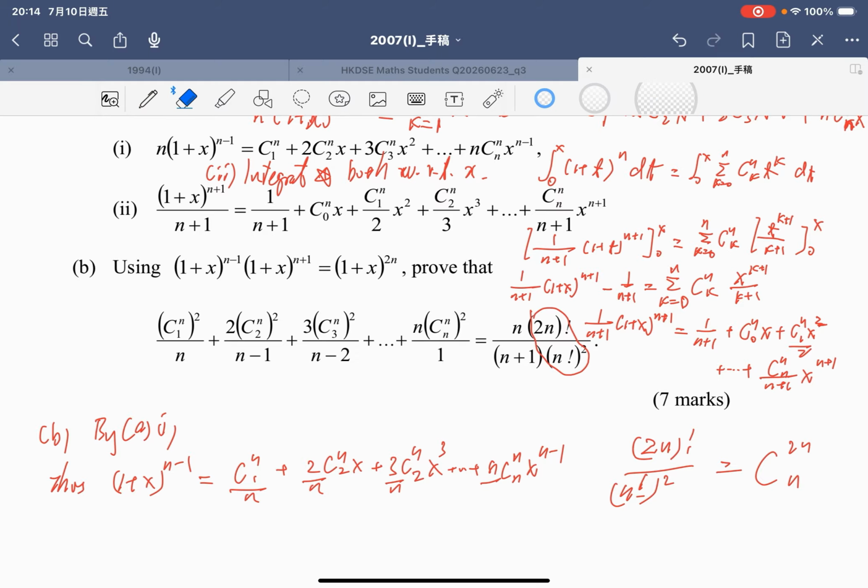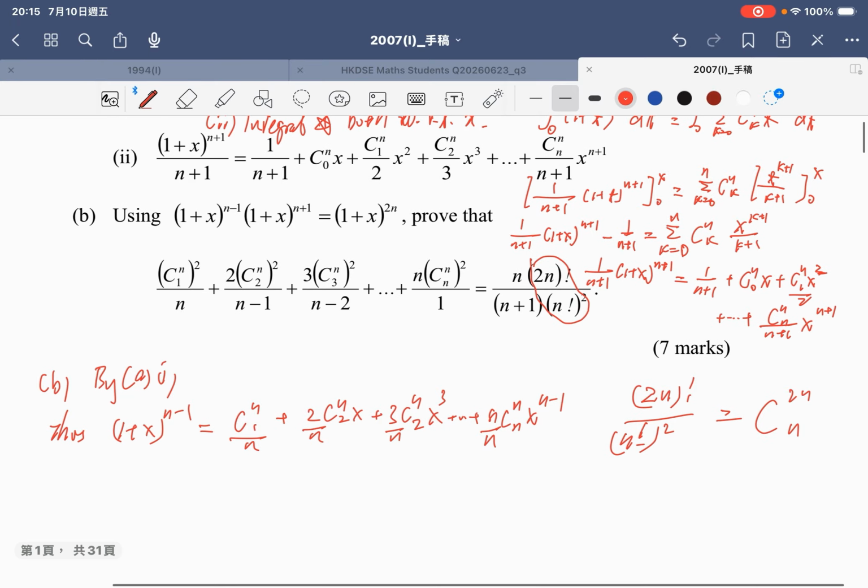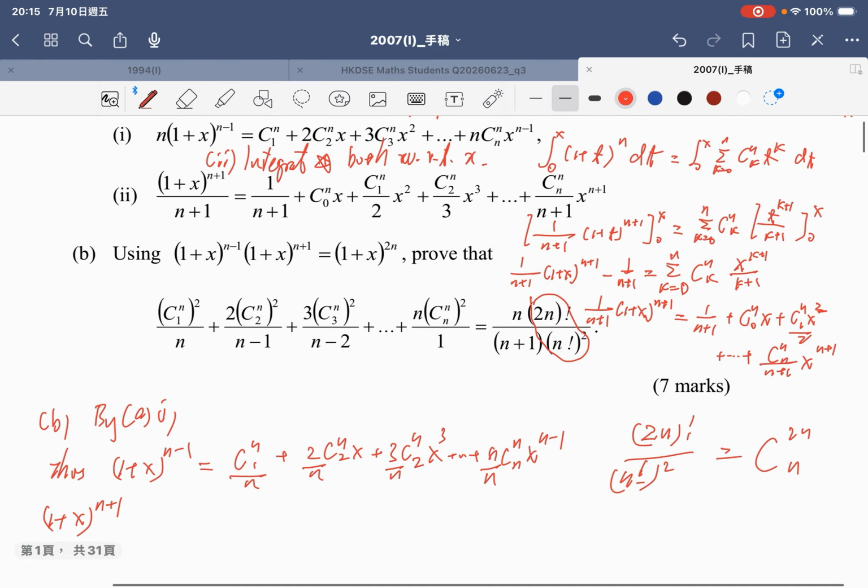This is okay. I write it down like that. Okay, for that, (1 plus x) to the power n plus 1, and we can apply this one.